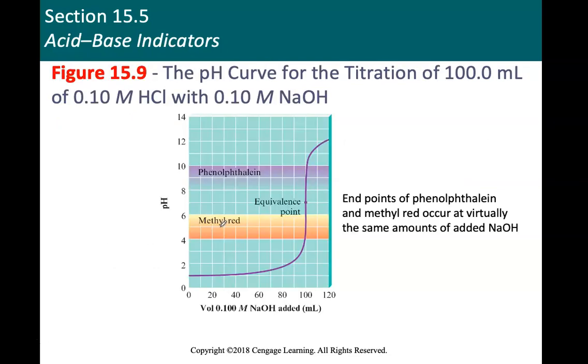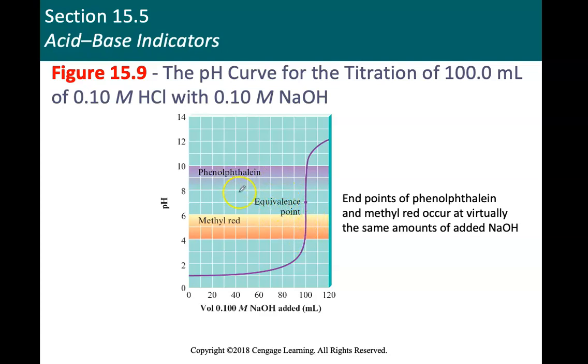So if you look at this plot here, this is the equivalence point. But notice where the change in color occurs. The change in color can occur within this range with quite a high degree of accuracy in monitoring the stoichiometric point. So that means you can use methyl red, because methyl red occurs exactly in the same region, and also phenolphthalein.